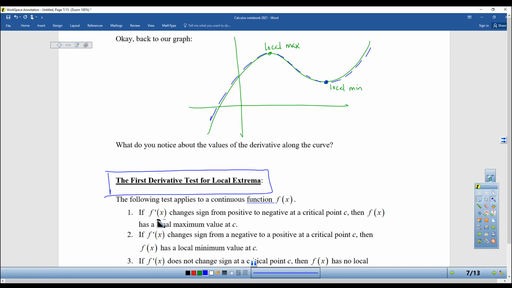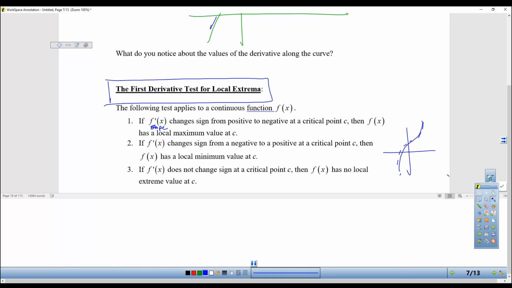If the derivative changes, so derivative is slope, if the slope changes from positive to negative at a critical point, then there's a local maximum. If the derivative changes from negative to positive, then there's a local minimum. If it does not change sign, so something like this, positive, positive, okay, it does get narrower, but then it's still positive, then there is no critical point. That is called the first derivative test for local extrema.